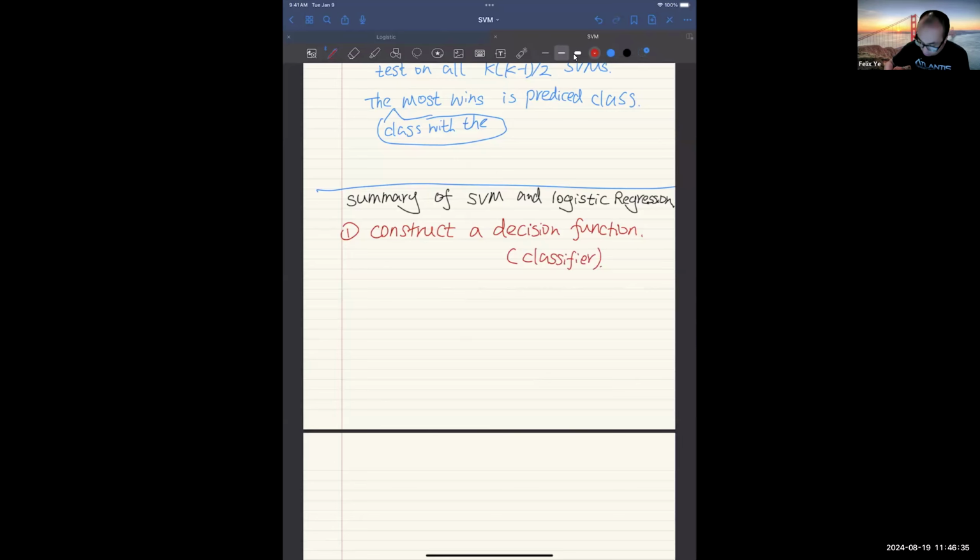So here I'm going to call this decision function f theta of x, mapping from R^d to R. And we have a parameter, theta, which is some parameter here.